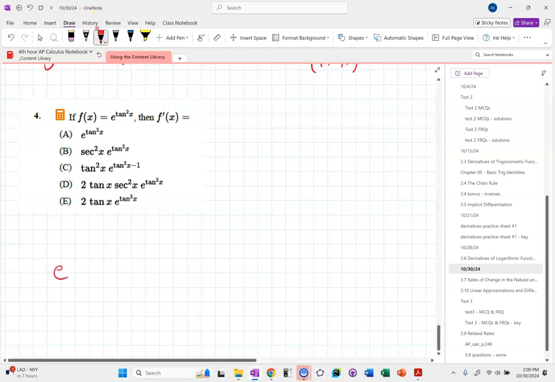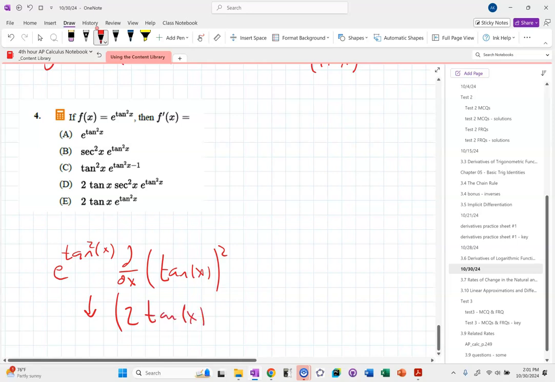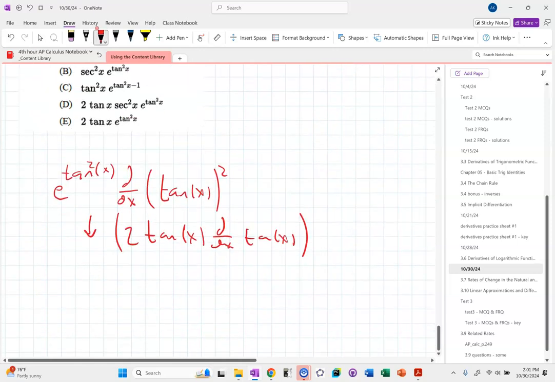So if I do the derivative of the outside, that's just the derivative of e to the x. And then tan squared x is really like the squared there, means the same thing. So if I do the derivative of that, that's going to be 2 tan x times the derivative of tan x. And the derivative of tangent x is secant squared.